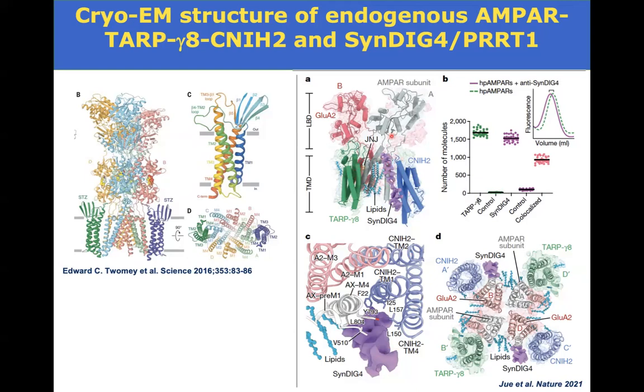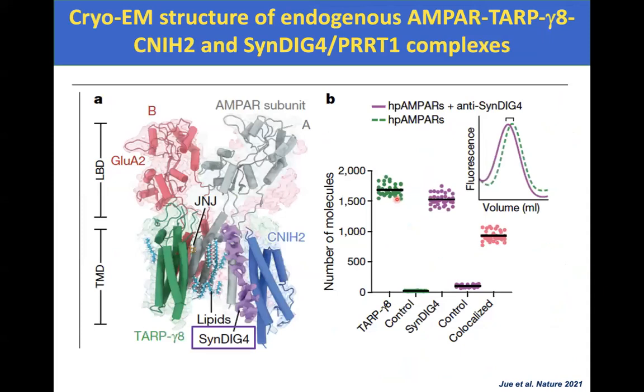intimately associated with the AMPA receptor complex that contains two other auxiliary factors. And this was endogenous hippocampal AMPA receptors. So this is demonstrating that this molecule that we've identified, that we've been characterizing, is in fact associated with endogenous receptors.